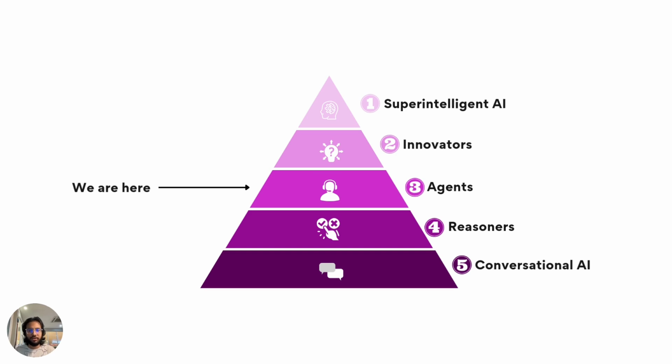And now we are entering slowly into the phase of the agents. What agents mean is that we have taken the power of conversational AI and the reasoners, and we have created them into agents. You design your agents on top of a model, and you say, okay, my agent is going to book a ticket for me or something like that.